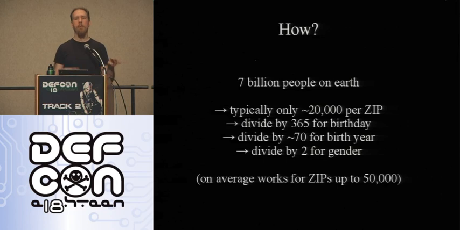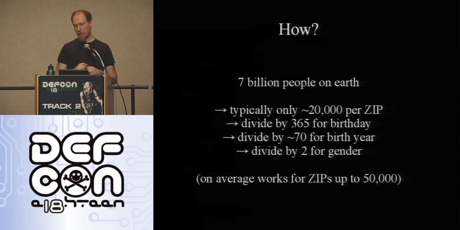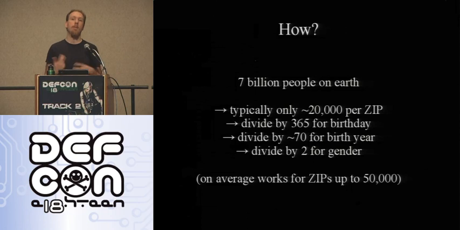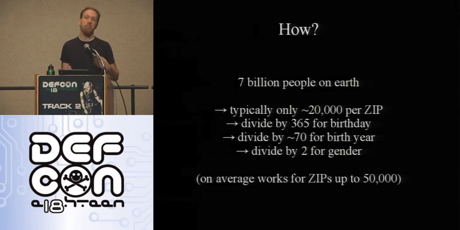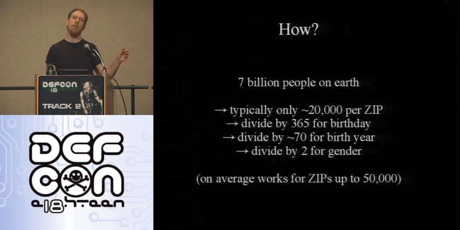You can divide by a more complicated number that's about 70 because you now know how old a person is. And then you can divide in half again because you know whether they're male or female. And it turns out that if the zip code you started with had fewer than about 50,000 people in it, you now probably have a unique person at the end of this process.